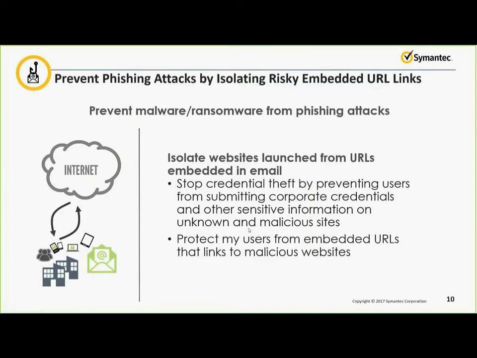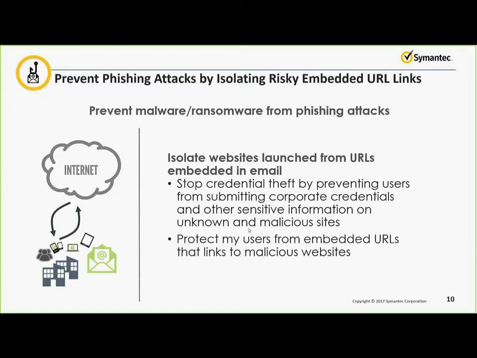We've got phishing protection built into the solution as well, so we can detect when the user's perhaps putting in credentials on a risky or a non-trusted website, and we can interact with the user and maybe stop them inputting credentials. And then we can also look at emails coming through, and we can transform those URL links embedded in emails.